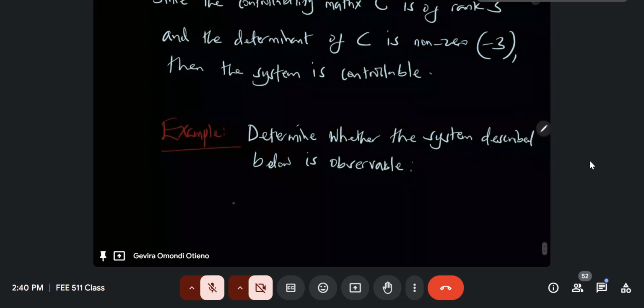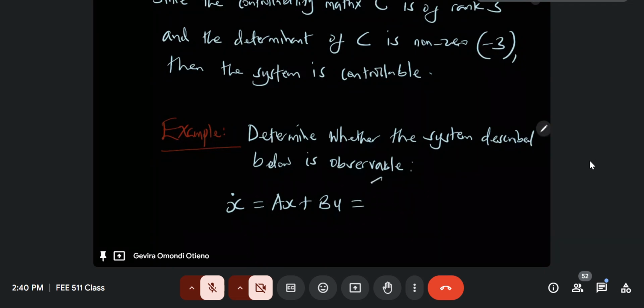So the system is given here as, remember these are vectors and matrices. In books, you will see that most books use bold letters to describe them.